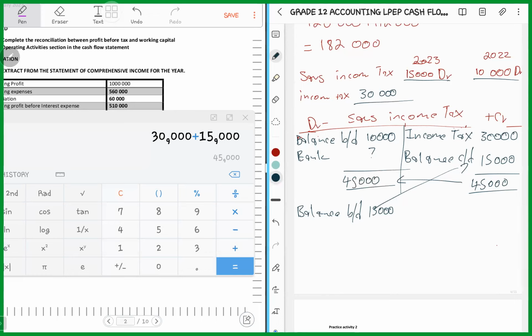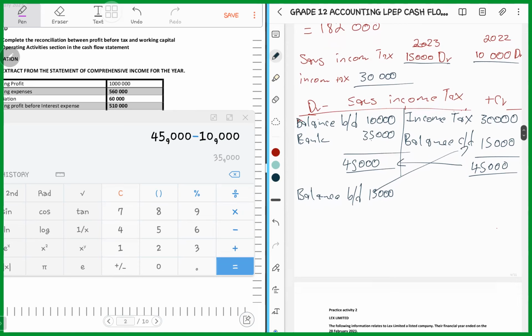Now to find the income tax paid, we take the 45,000 and subtract the 10,000. It gives us 35,000. So when it's like this, how can we do it on a straight line? The answer is simple.